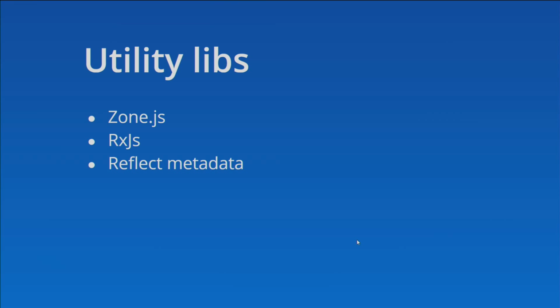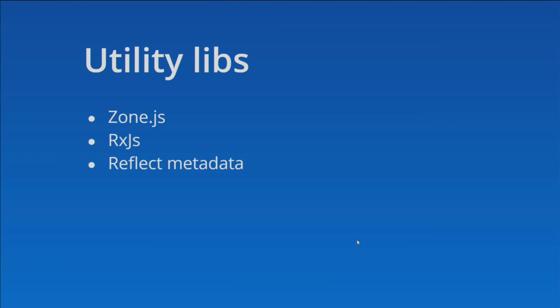These are Zone.js, RxJS, and Reflect Metadata. Zone.js and Reflect Metadata are very simple libraries that do some simple job, but RxJS is rather big, and I don't want to talk about RxJS in this talk.